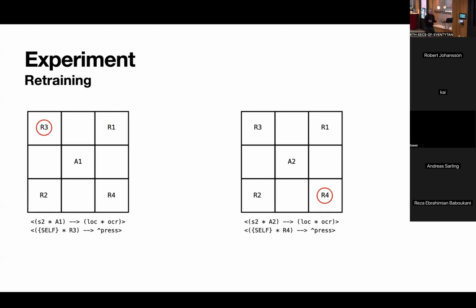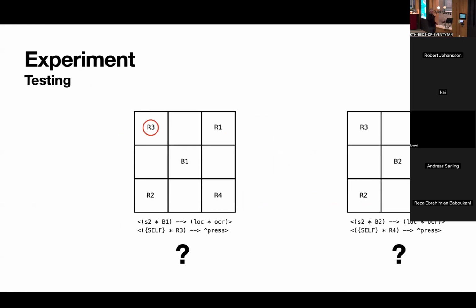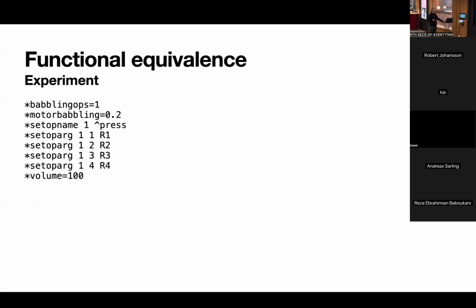We can test this by retraining A1 to do R3 and A2 to do R4. We then do this test: will the system with B1 do R3 rather than R4? And can it with B2 do R4 rather than R3? This is a typical thing that is enabled by this mechanism of functional equivalence that we implemented. We can encode it with NARS like this. We start up the system like this.